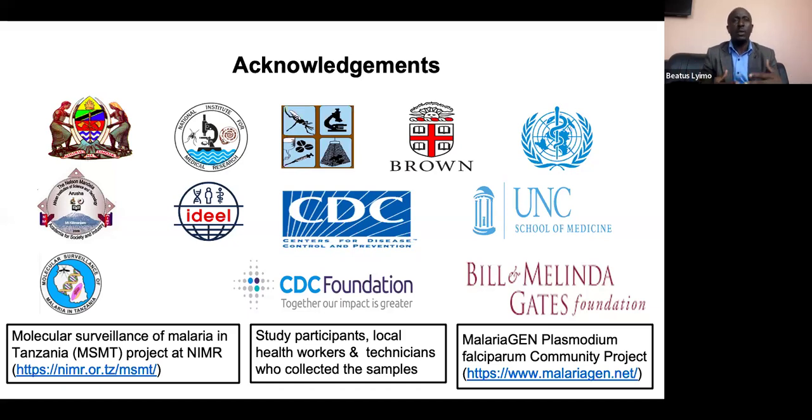And that's why we recommend that every country, maybe each region, can have this kind of study so that they can have the data at a country level instead of the global level. Because these countries and regions have different levels of transmission, some closer to elimination, some still very high endemicity. So that's why we think if we come up with a regional-specific vaccine, that can be a good vaccine. Thank you.